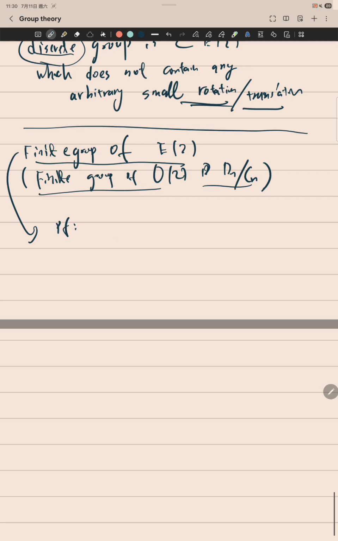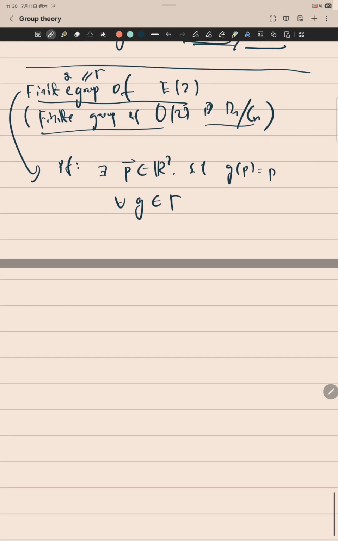The proof is very simple. Let the finite group be gamma. I first show that there exists a point P on the plane such that GP equals P for all G in gamma.